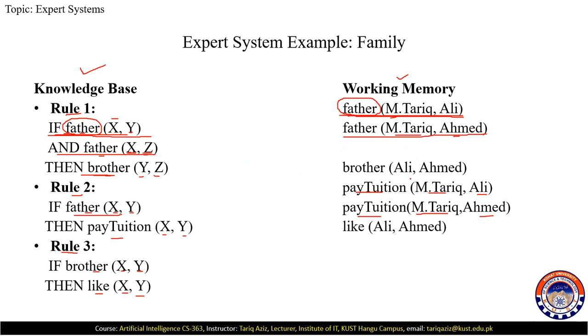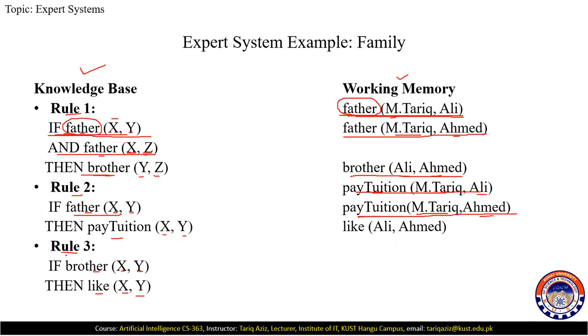Then Y is Ali and Z is Ahmad. So Ali is the brother of Ahmad. Prolog will deduce this new information and will add it into the working memory. So the second rule is with respect to tuition. Prolog will find a match, and then it will add the facts into the working memory. Sorry, the inference engine.